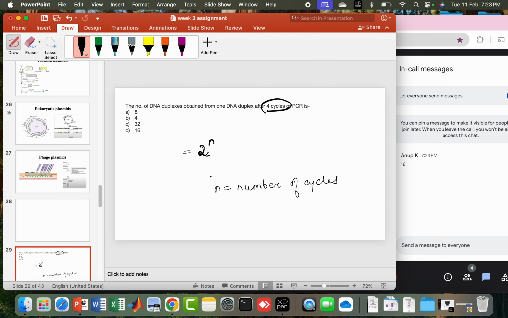We'll get 2 raised to 4, that is 16. Okay, so the correct answer is 16. Is it clear for everybody? You can answer in chat, or you can just unmute yourself.